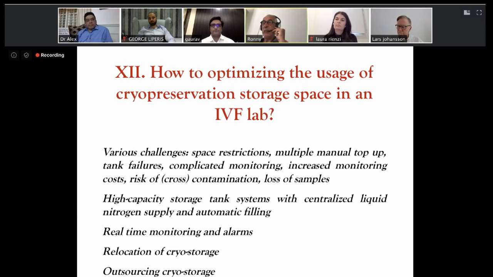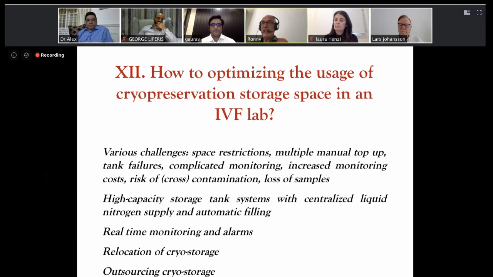The alternative, in my opinion an easy alternative, is the use of high-capacity storage tanks, which are now equipped with automation for liquid nitrogen supply. They can be alarmed on many different parameters, so the level of security there becomes much higher.